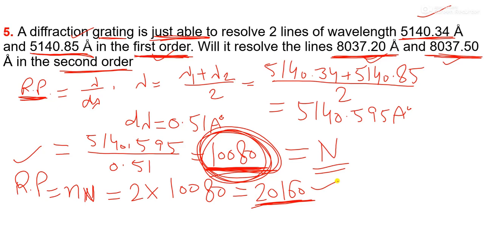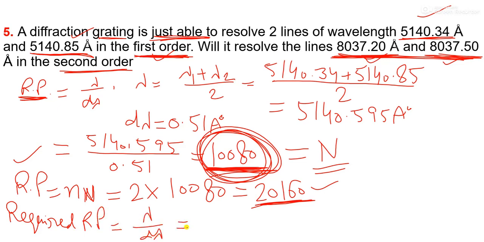Now to resolve these two wavelengths, the required resolving power equals lambda upon d lambda. Now this lambda is the average of these two wavelengths, and d lambda is the difference of these two wavelengths.